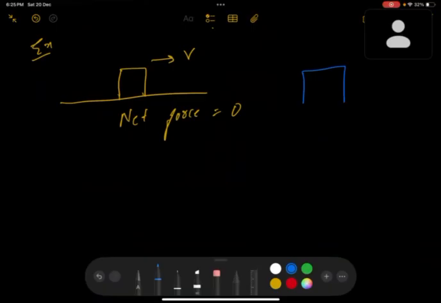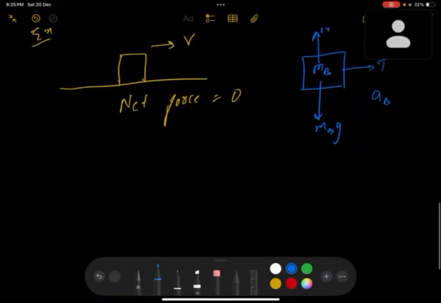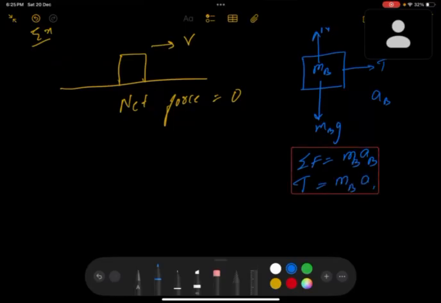The free body diagram of object B will have tension T, there is mBg gravitational force, and there is normal in the upward direction. Since there will be some acceleration of B, we can write for the x direction summation of F is equal to mB aB. In the x direction there is only one force, that is T. We can write T is equal to mB aB.